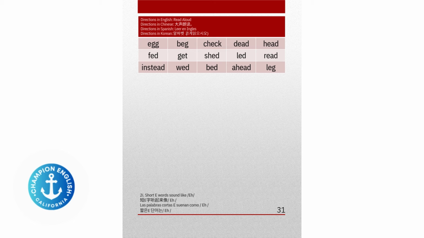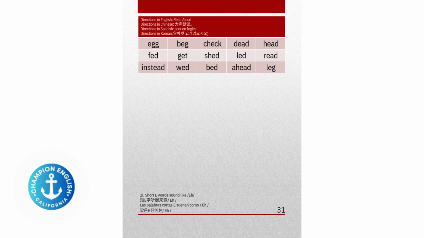L and ed, led. R and ed, red. In and stead, instead. W and ed, wed. B and ed, bed. Ahead. L and egg, leg. Now, students, by yourself or with a partner, go ahead and sound out each word.